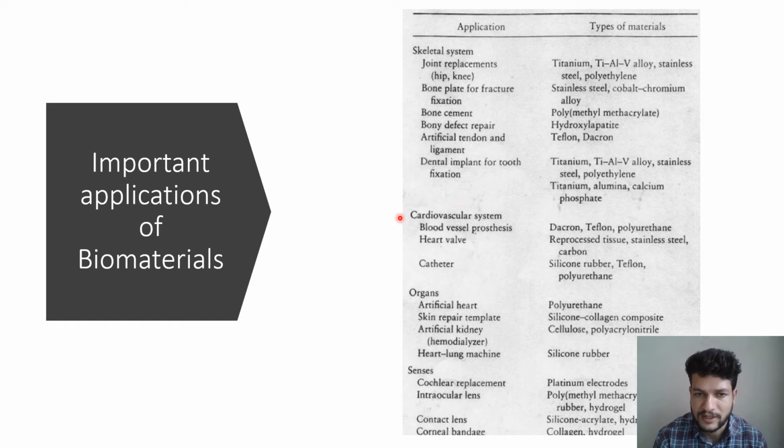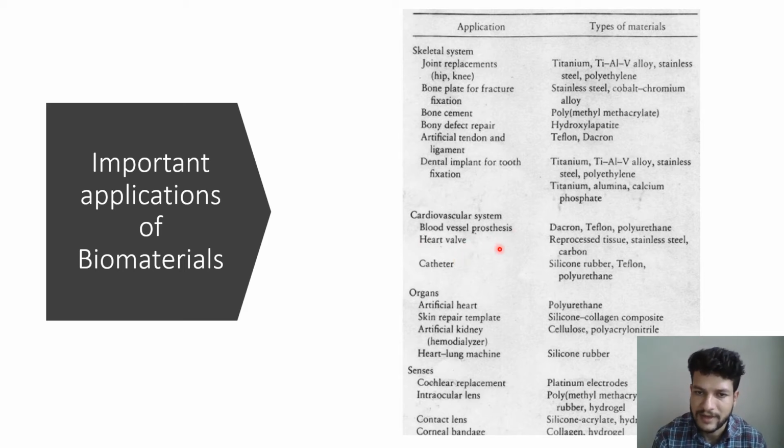In case of cardiovascular applications, we need blood vessel prostheses to replace damaged blood vessels, and we need heart valves and catheters. Blood vessel prostheses, also called vascular grafts, are made up of Dacron, Teflon, and polyurethane, because they can stretch and they are also biocompatible.